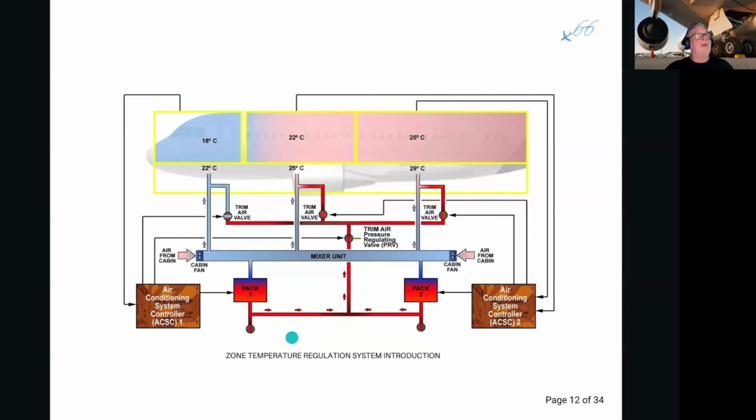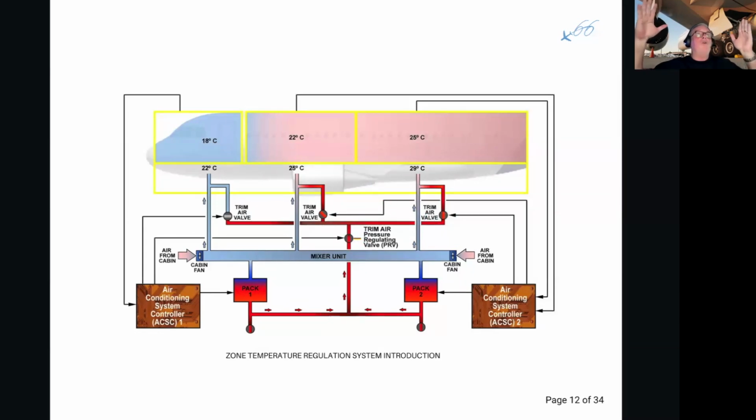And how does that work? So we have hot air come in, goes into pack 1 hot and comes out freezing cold. I also take hot air to this trim air pressure regulating valve, okay, trim air PRV. What does this do? It mixes. So these trim air valves, they modulate.